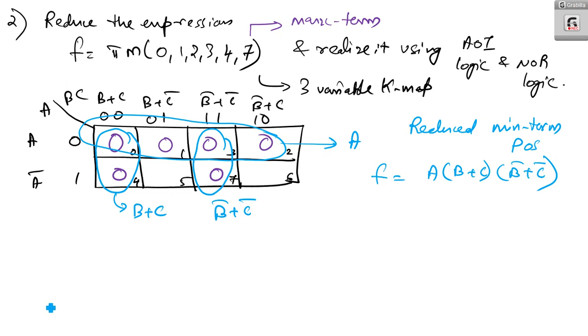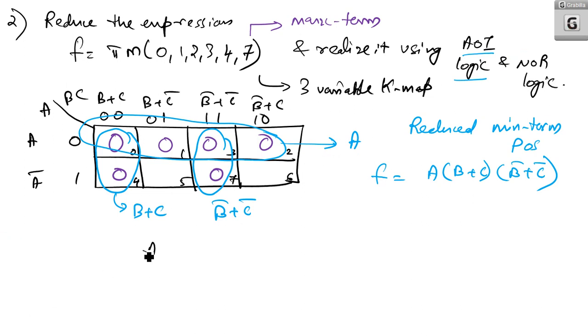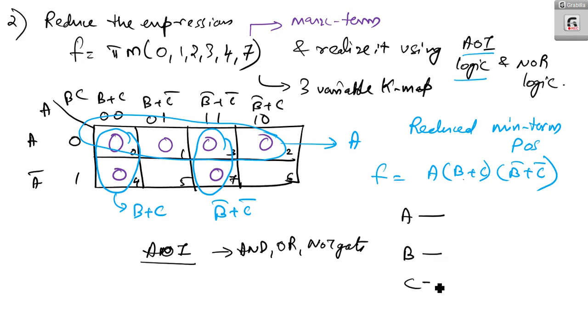Now if you need to realize it using AOI logic, that is using AND gate, OR gate and NOT gate only. So you are having B or C, B bar or C bar. So you are having 3 inputs, A, B, C. So this is B bar.